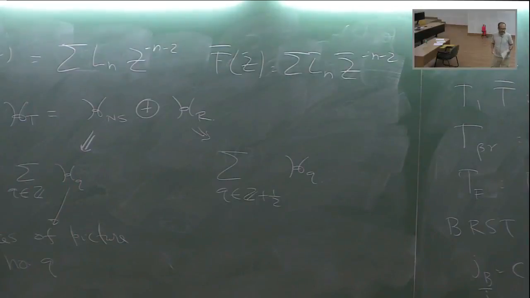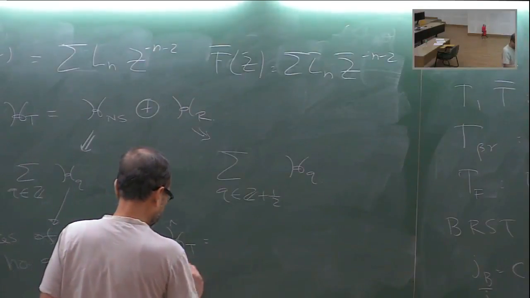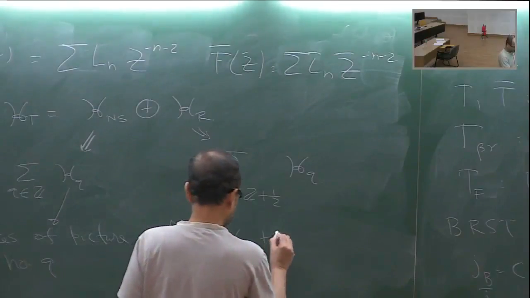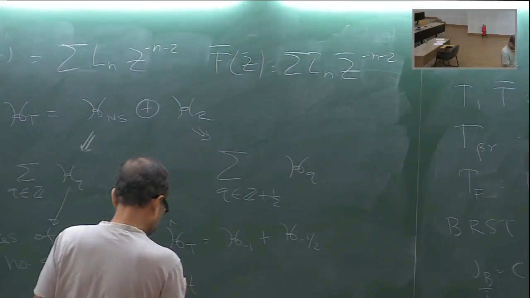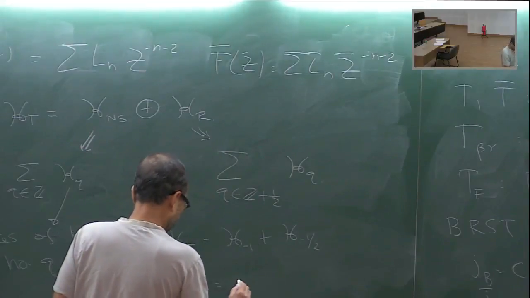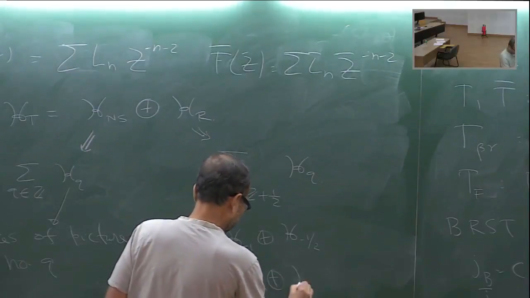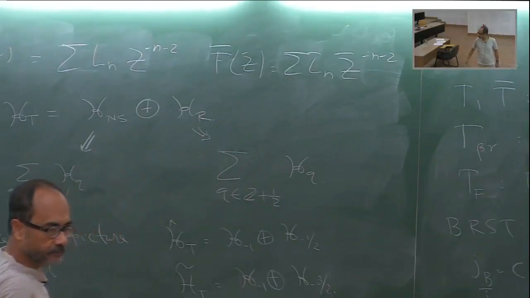Okay. And now I'll define two subspaces which will play an important role. H hat_T will be H_{-1} plus H_{-1/2}, and H tilde_T will be H_{-1} plus H_{-3/2}.